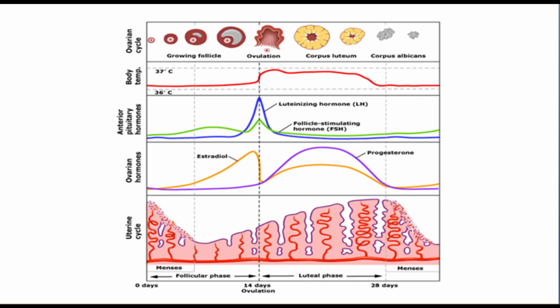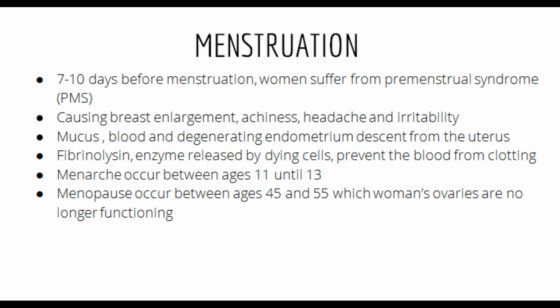So this one is during ovulation, during which many events occur. And this is the corpus luteum. The corpus luteum will degenerate and cause the endometrium to break down as menstruation occurs. That will be the menstruation phase.